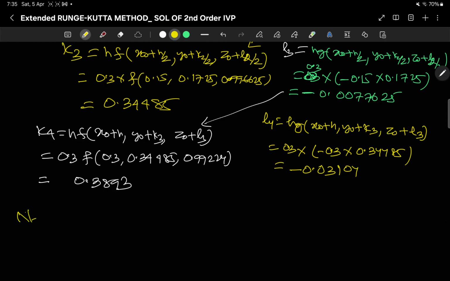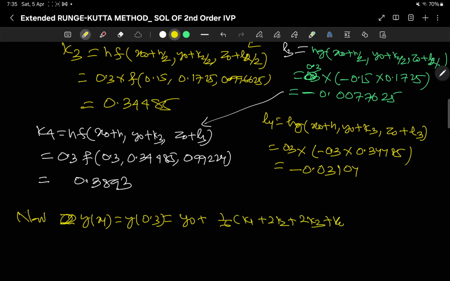Okay, now we are ready to apply the formula. Now what is my y of x1 is my y of 0.3. It will be y0 plus 1 by 6 of k1 plus 2 k2 plus 2 k3 plus k4.